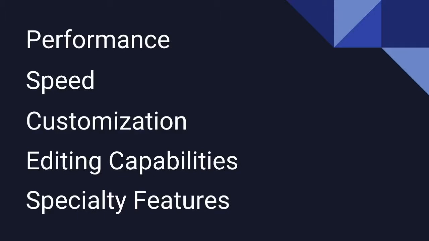Customization. Am I able to customize the editor with plugins, with themes, etc.? Editing capabilities. Can I edit more than one file at a time? Is there split screen capability? Specialty features is all about what does the editor bring for you, whether it be your level of experience or the type of job that you do.